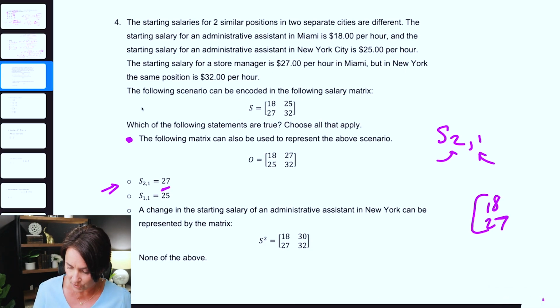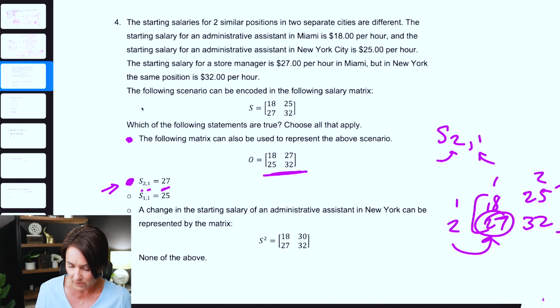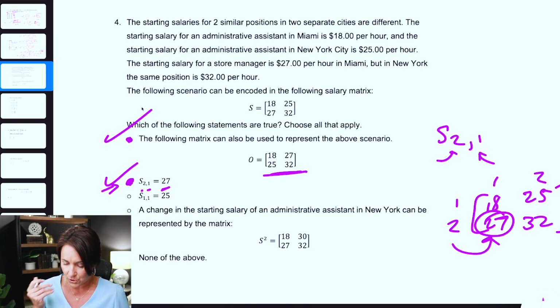Remember, we're looking at the original problem here, not this one, but the original. Okay, so 18, 27, and then 25, 32. Row 2 is this, 1, 2, and columns are 1, 2. So row 2, column 1 is 27. Looks like this bullet is correct. So A and B, or 1 and 2, are correct.